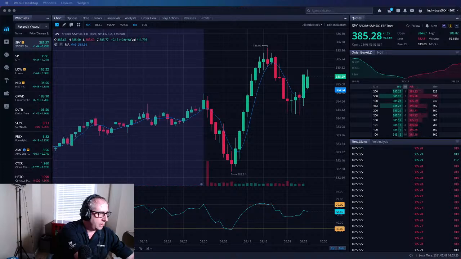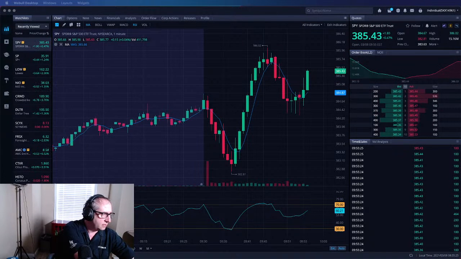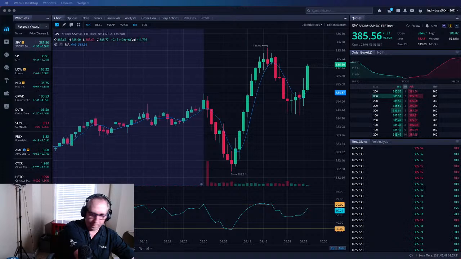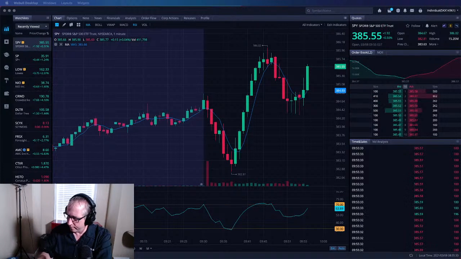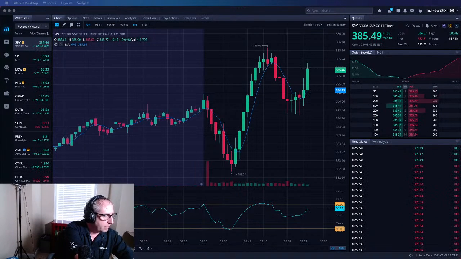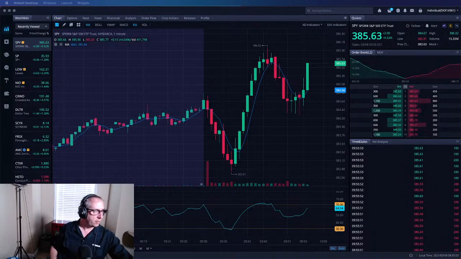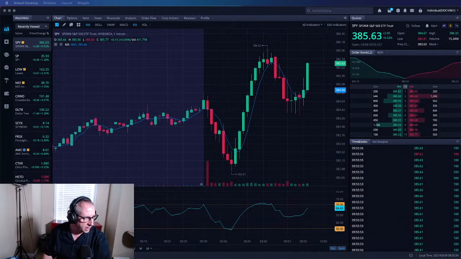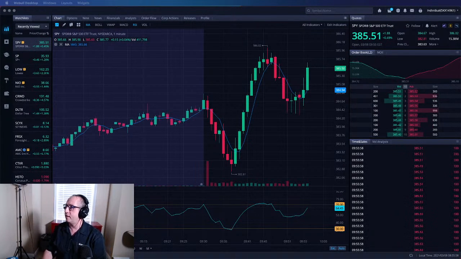All right, well, let me check up on rates over here. Rates are moving higher. Yields are moving higher on the 10-year and the 30-year bond.